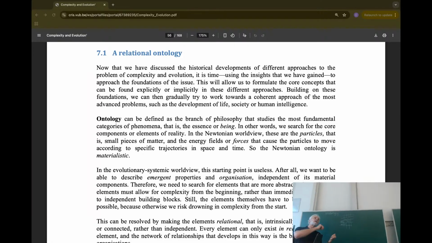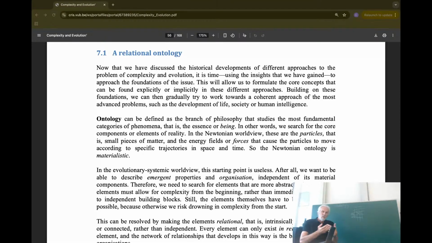That means the way they are related to each other. So the worldview that I want to propose assumes a relational ontology. Relations are the most fundamental, you might say, building blocks. Relations, things that connect things to each other, that make this network of systems and supersystems and subsystems.